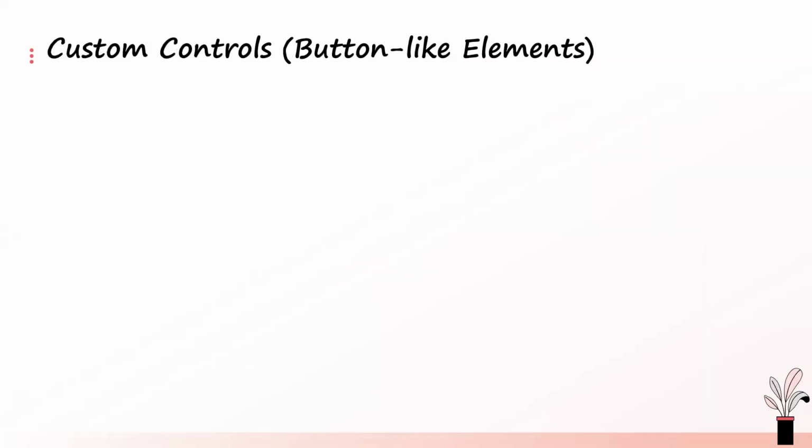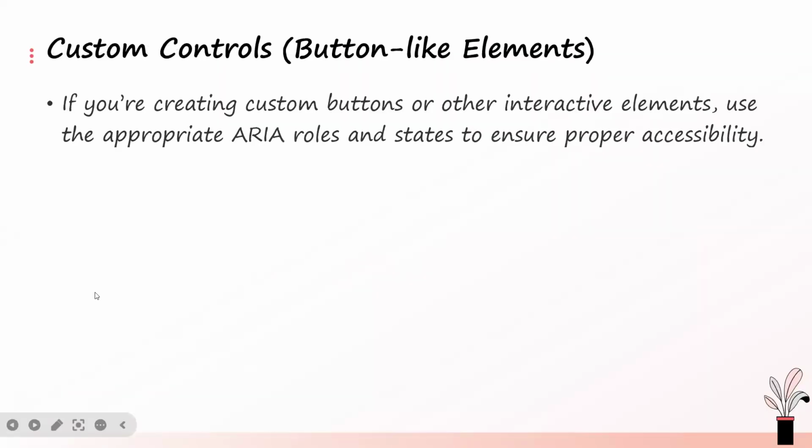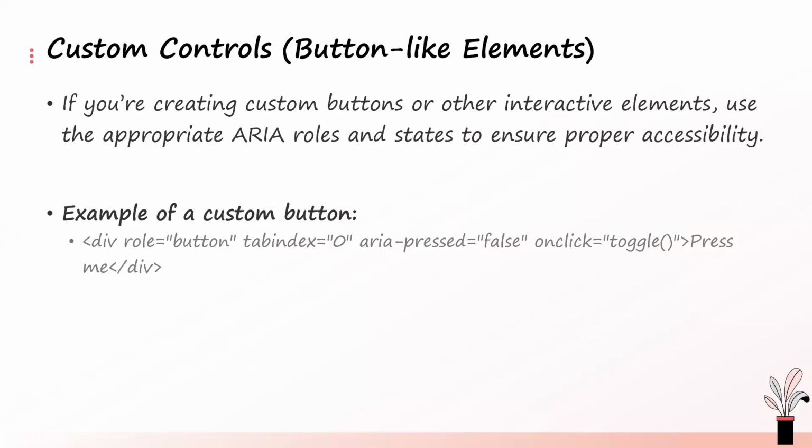What are the common use cases? If you're creating custom buttons or other interactive elements, use the appropriate ARIA roles. This might be advanced for you, but don't bother, you will soon get there. When you get there, you will understand that there are ARIA roles and attributes, states and stuff like that.